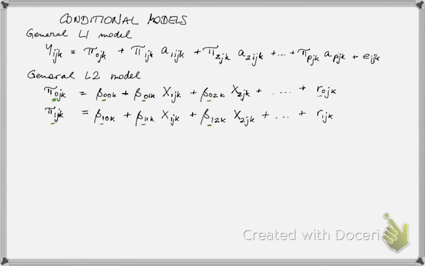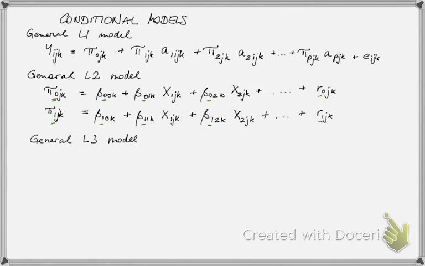And finally, I'm going to write out the general level 3 model. And now we need one for each of the betas. So this is where things are getting even more complex.